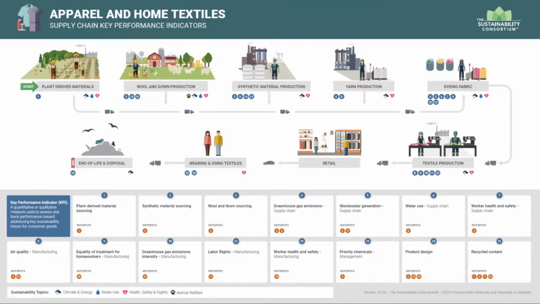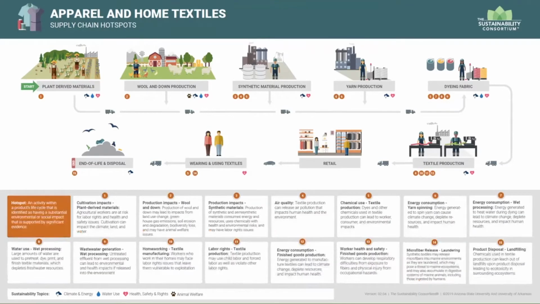Researchers and members of the Sustainability Consortium, or TSC, design Thesis KPIs for consumer goods companies to assess their performance on hotspots. Thesis hotspots are the most significant environmental and social issues across a product category's supply chain. In this category example, you can see that hotspots occur at many stages throughout the supply chain.